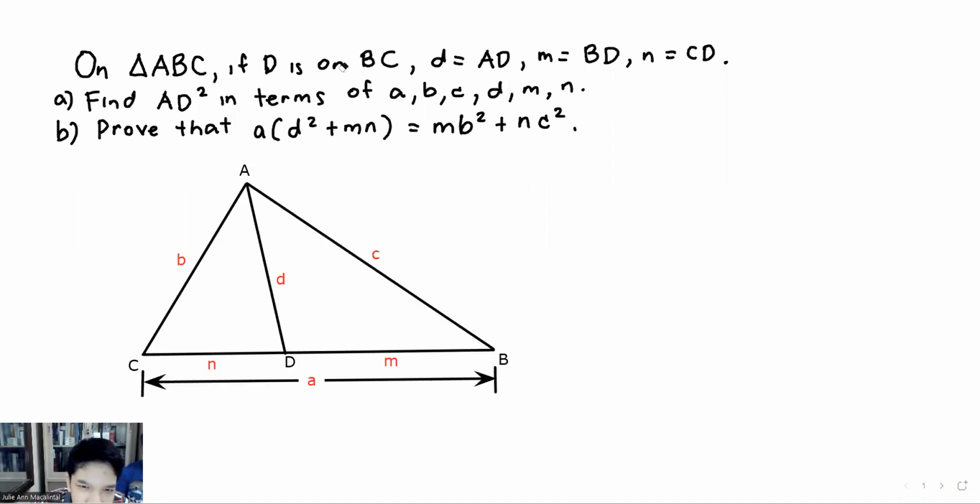So this is our figure. As we can see, I have labeled all of the sides accordingly.